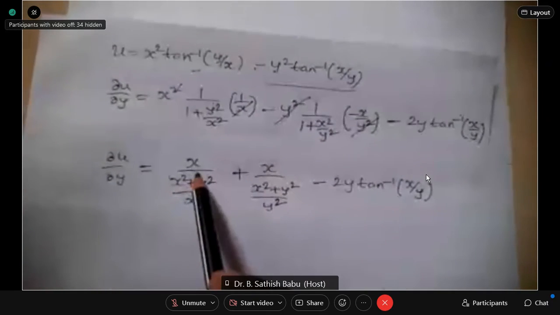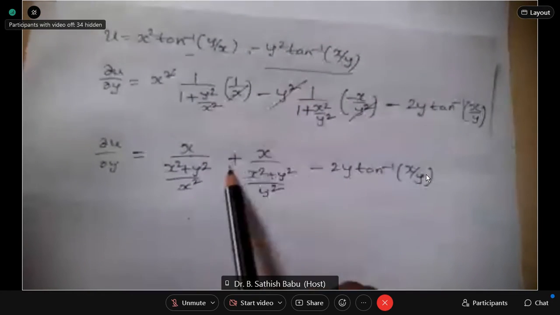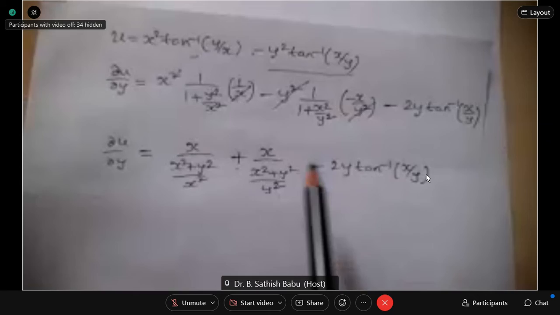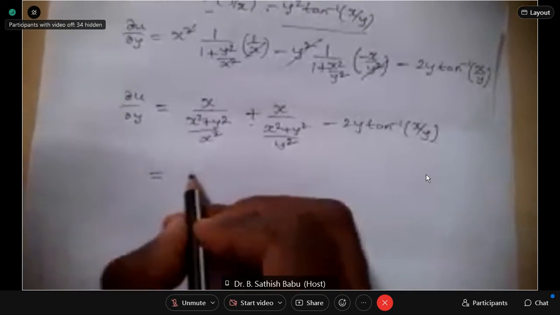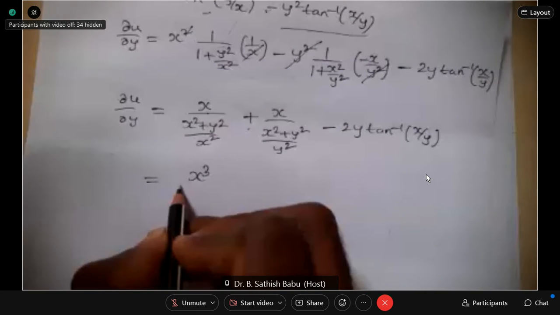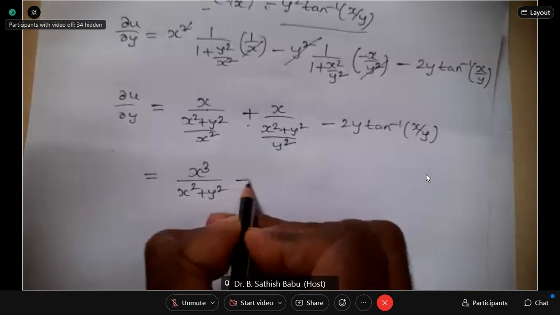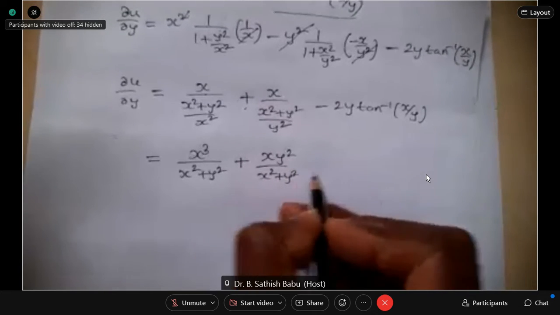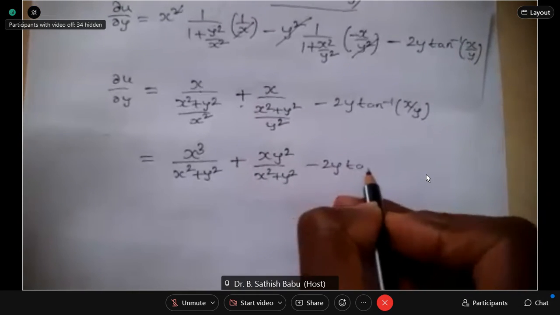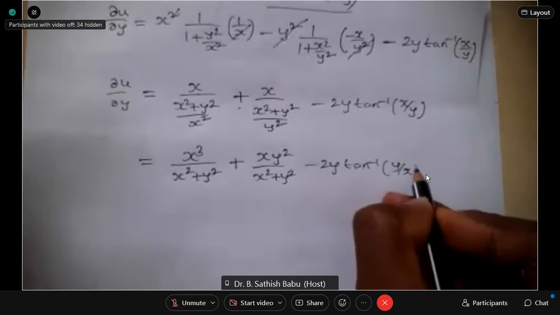In the first term, we have just cancelled x and got it. Here minus multiplied by minus becomes plus and just x, right? Yes, sir. Okay, this becomes x cube divided by x square plus y square plus xy square divided by x square plus y square minus 2y tan inverse of x by y.